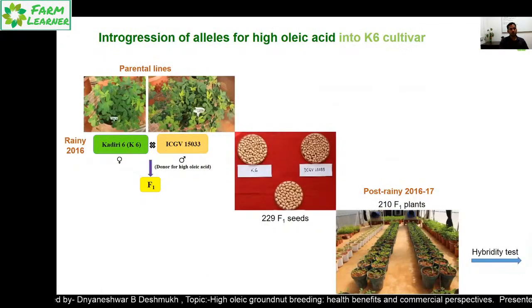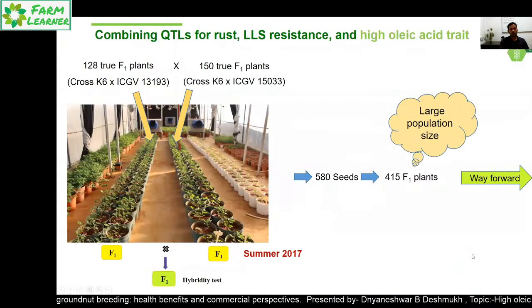Apart from that, in parallel, we went for the introduction of high oleic content into the Kadri 6 variety. As I said earlier, we used Kadri 6 as the recipient parent and 15033 as the donor parent for high oleic content. We got 229 F1 seeds, which were again grown in the glasshouse and confirmed for hybridity, and then positive plants were selected.